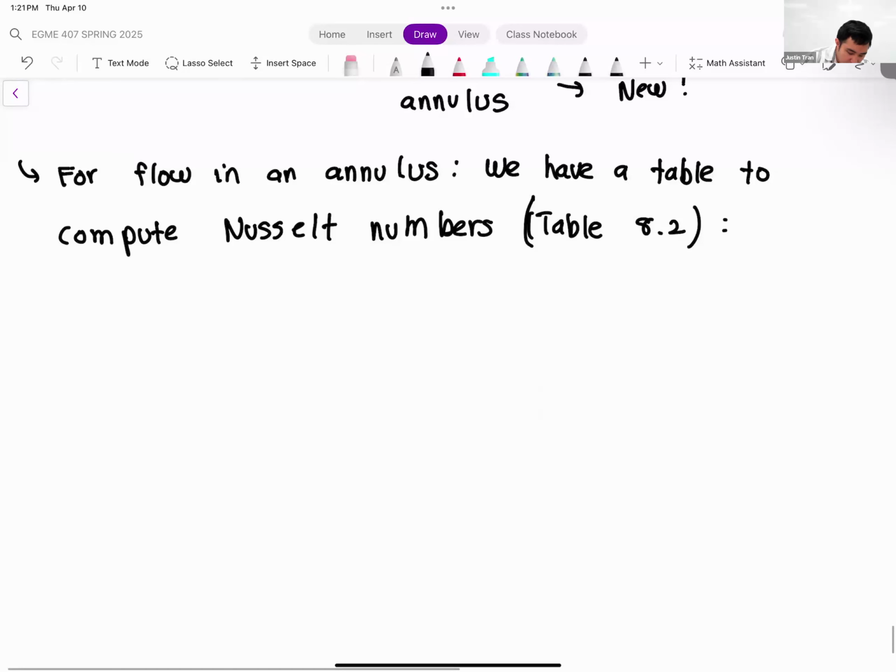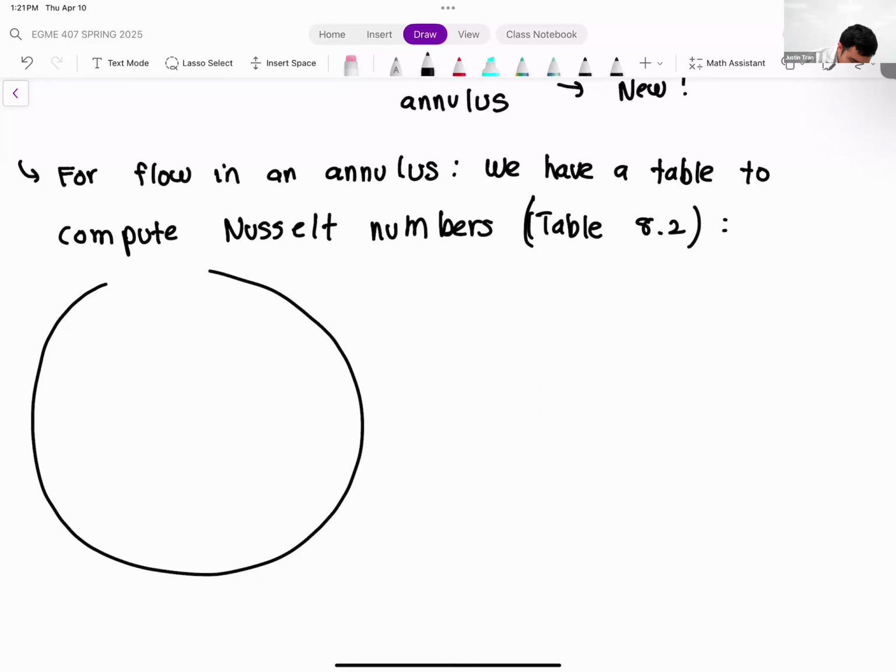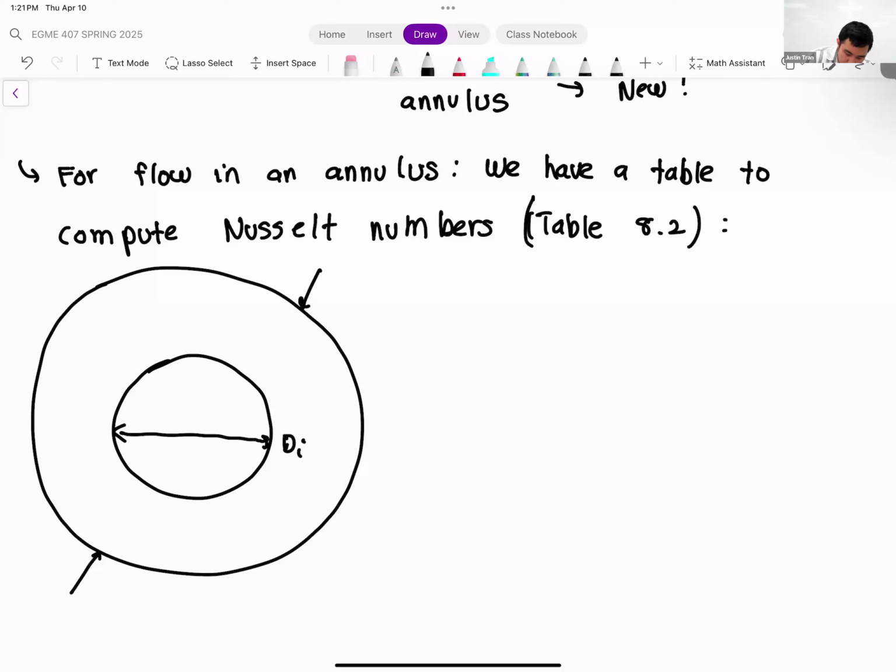Now, if we draw our annulus here, okay. Remember, when we say flow in an annulus, we mean flow in this region in between the inner diameter and the outer diameter. So if we say this is the inner diameter here, and this is the outer diameter here, okay. Inner diameter of the annulus, outer diameter, okay?